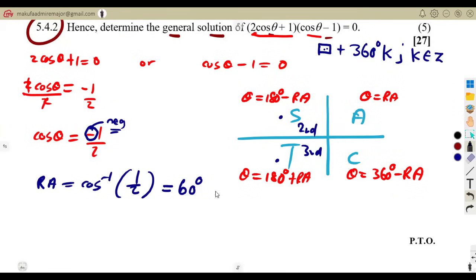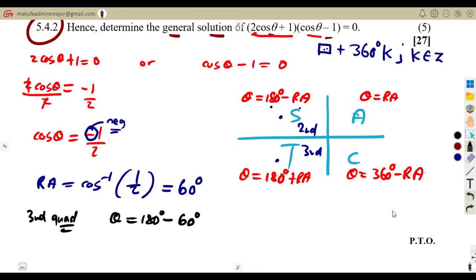All right? So in the second quadrant, our theta was going to be 180 minus the reference angle, which is 180 minus, the reference angle is what? The reference angle is 60 degrees. But this theta that we are talking about must be added to 360 degrees times k.